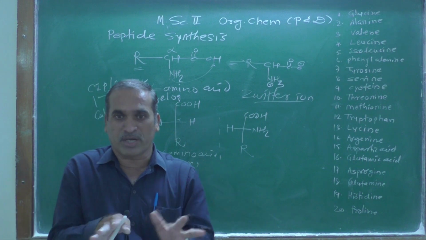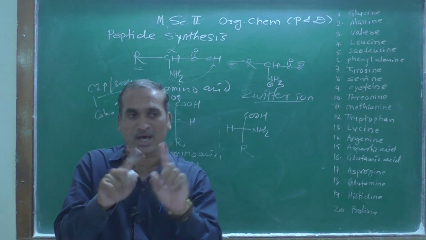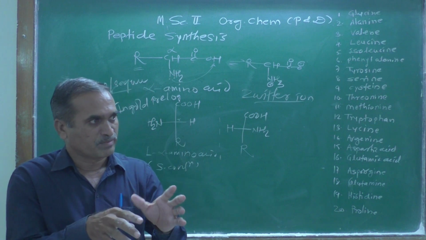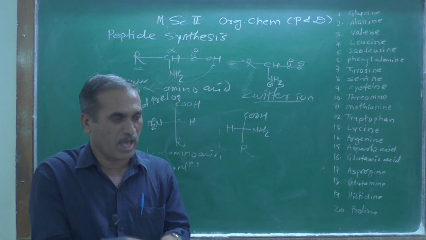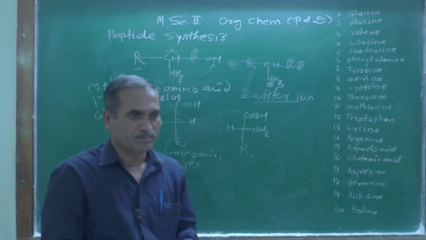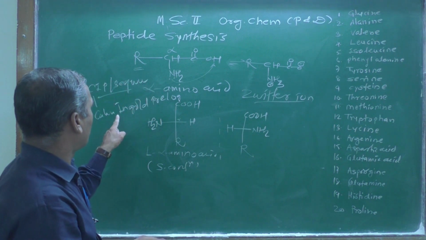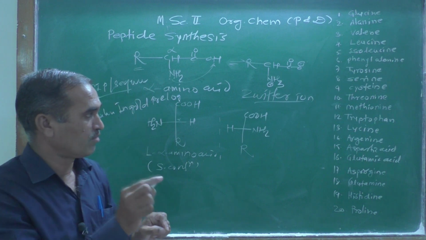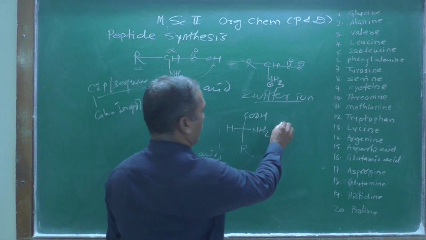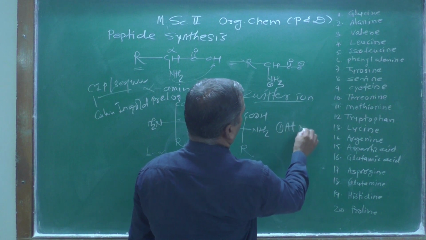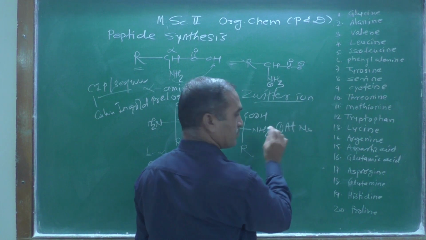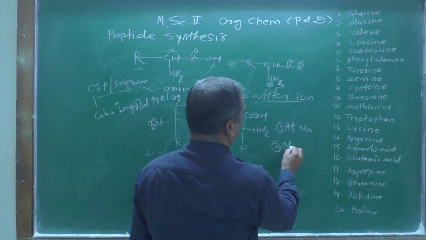The arrangement of groups according to their priority around the chiral carbon is known as the sequence rule, and there are four rules. Number one is the atomic number. Second one is the next atom.